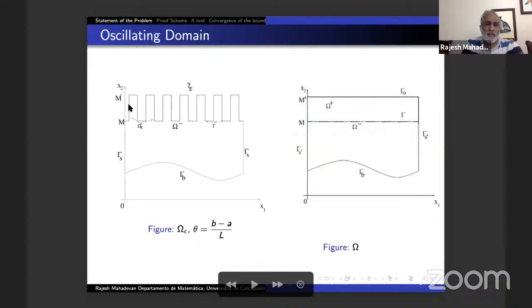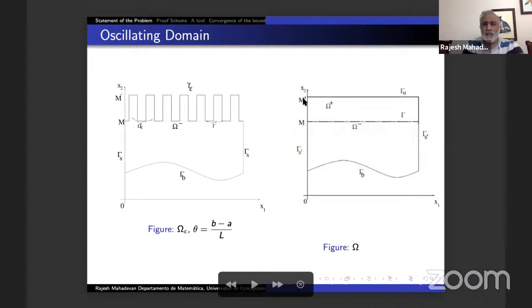So when the period is epsilon, the whole scale is L, if you can see my pointer move. Between teeth it's of the order epsilon. As epsilon goes to 0, there are more and more teeth, and in the end they fill up with a ratio theta in the upper portion of the structure.